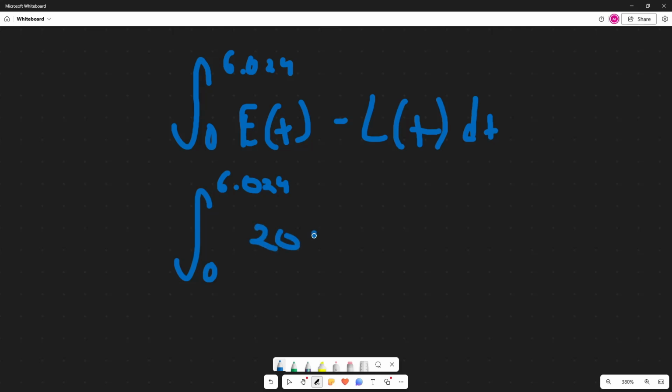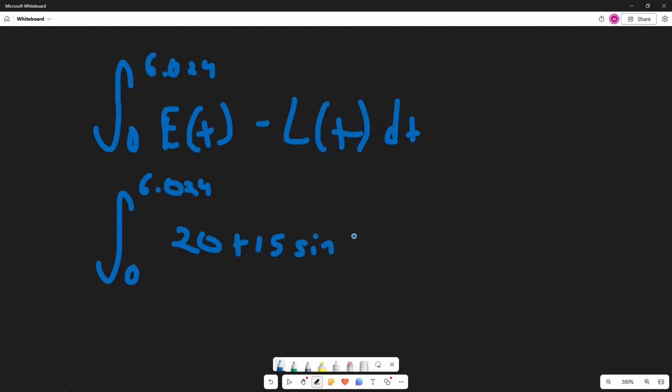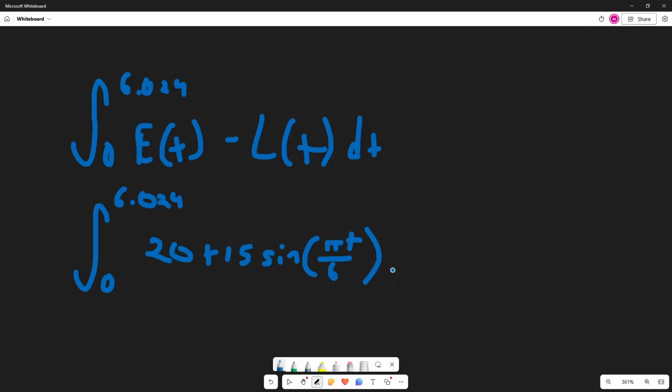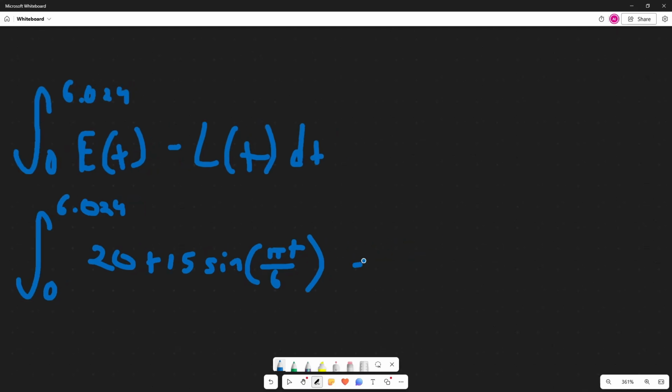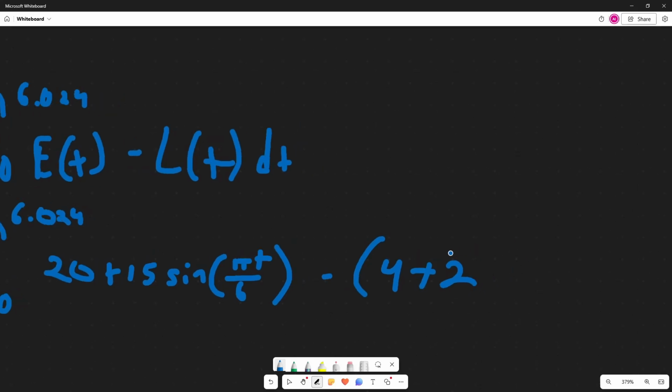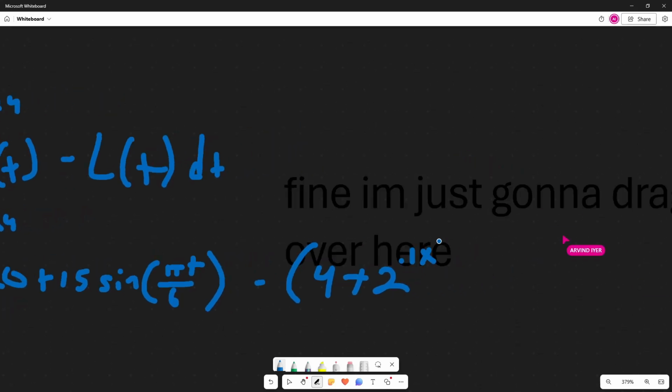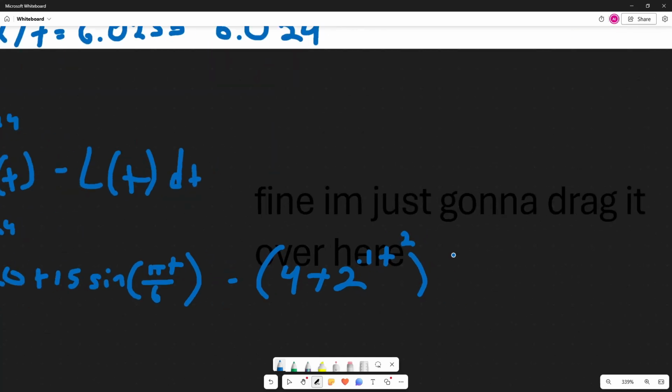20 plus 15 sine of pi t over 6, and then minus 4 plus 2 to the 0.1 t squared, and then dt.